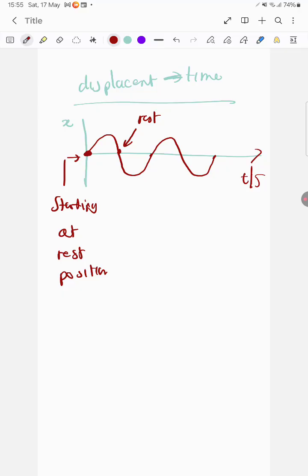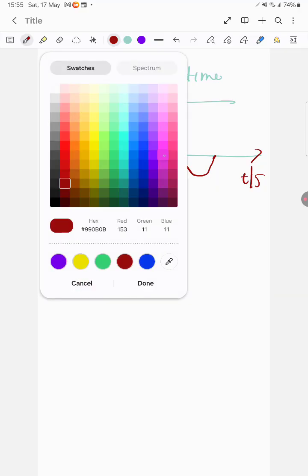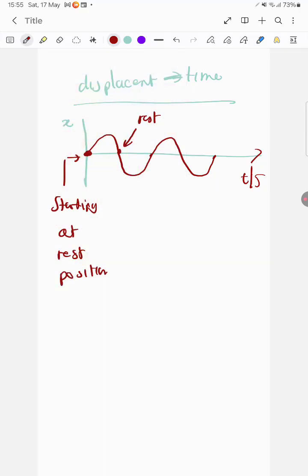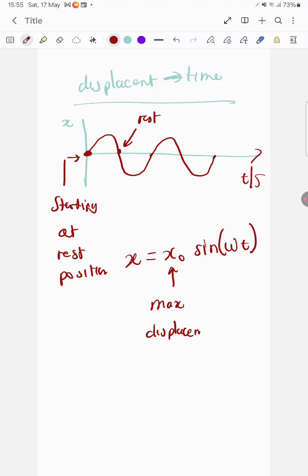Does this graph look familiar to you in any way? What does it look like? The sine graph. So the formula is x is equal to x naught, the maximum displacement, sine omega t. And of course everything is in radians. So this is your displacement at any point, because this displacement is changing.